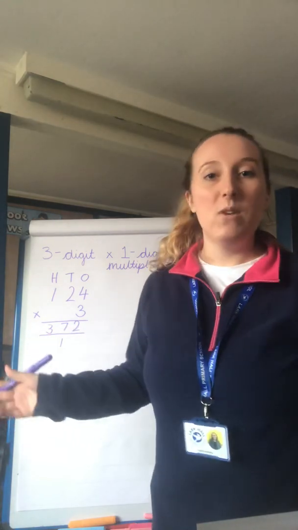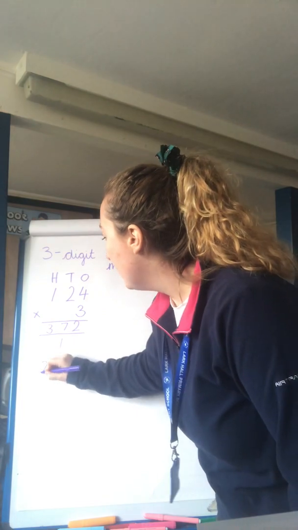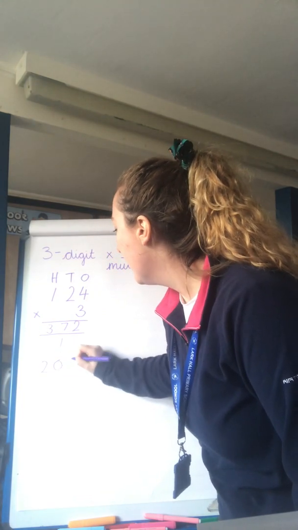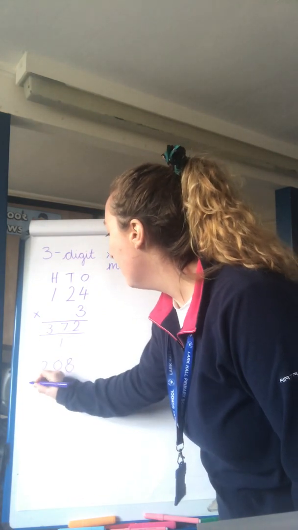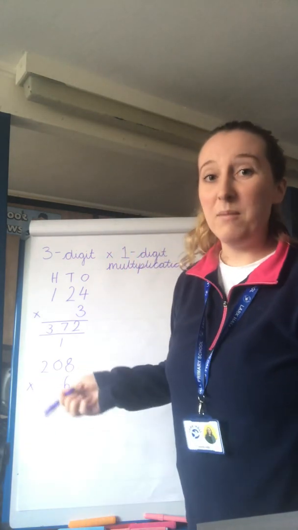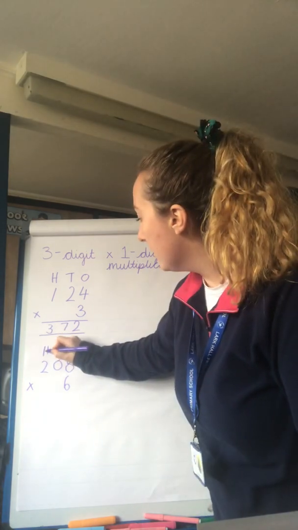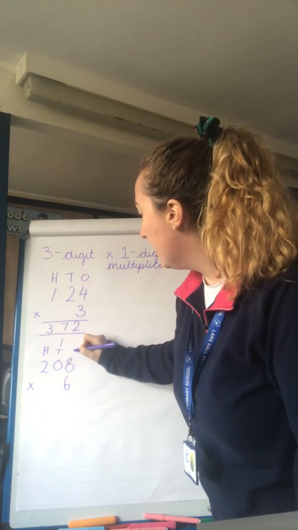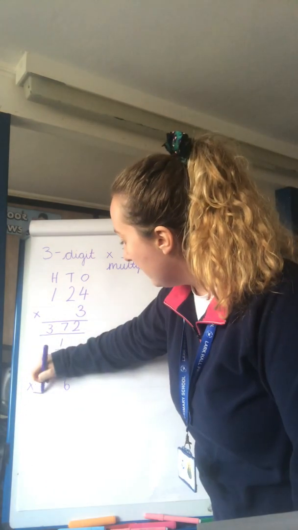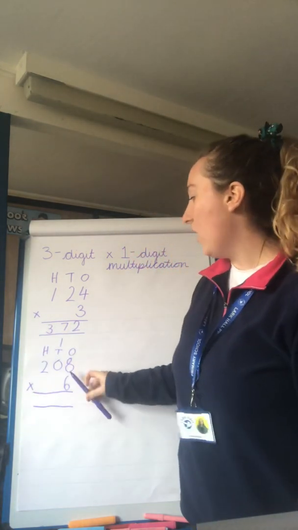Okay, let's do one more example. So this time I'm going to do 208 multiplied by 6. Okay, again, I'm going to label my columns because I know that really helps me. So hundreds, tens, ones. So first of all, I start off in my ones column.